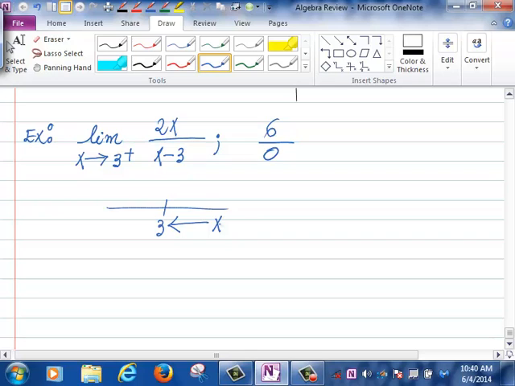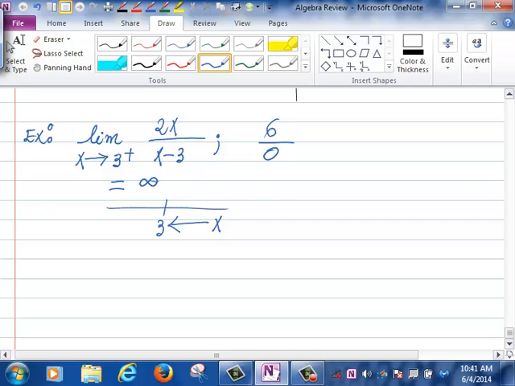So when x is close to 3 on the right side of 3, the denominator x minus 3 is positive, right? Well, then the fraction, because when x is close to 3, the numerator is close to 6, it's positive. The denominator x minus 3 is close to 0, but it's positive because x is greater than 3. So together, the fraction is positive, and because I have 0 in the denominator, this limit would be positive infinity.